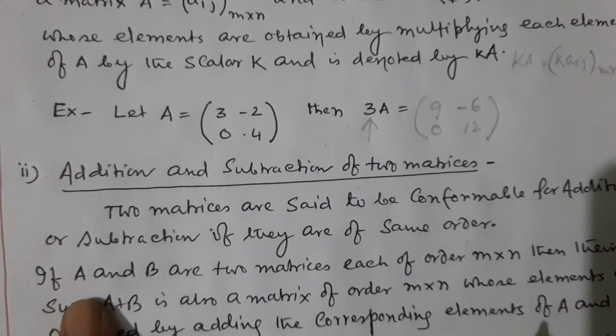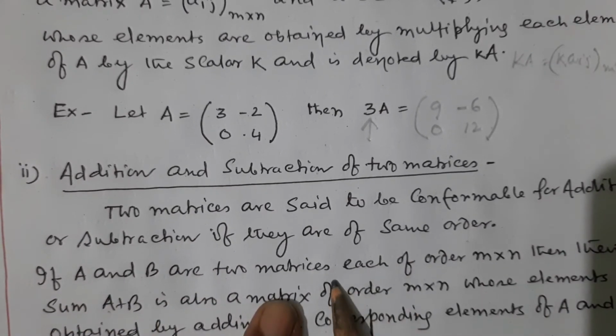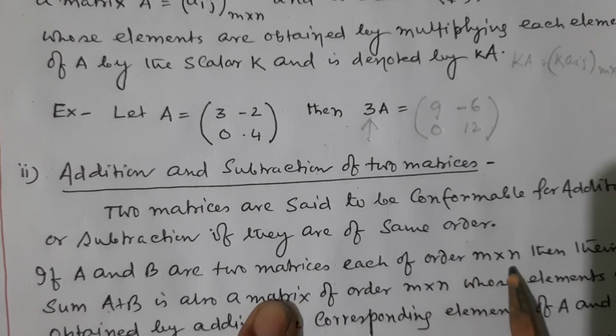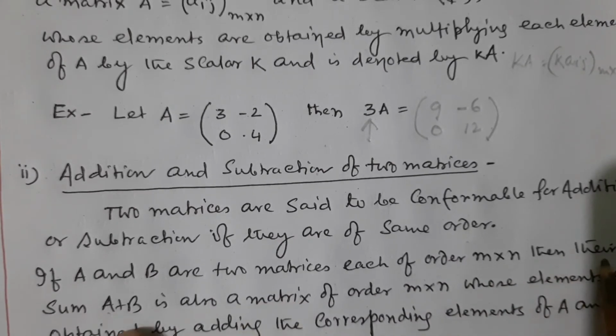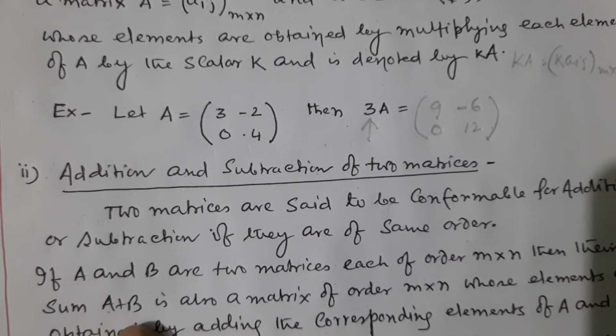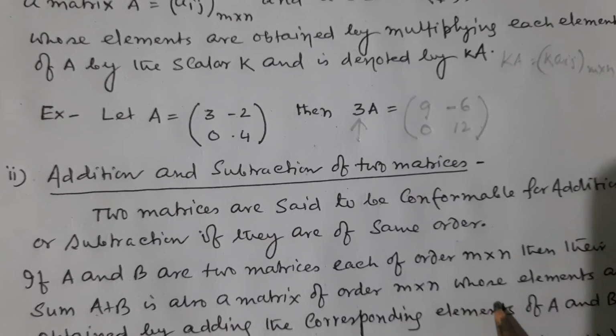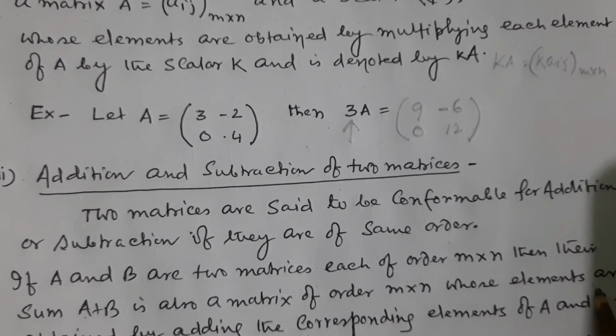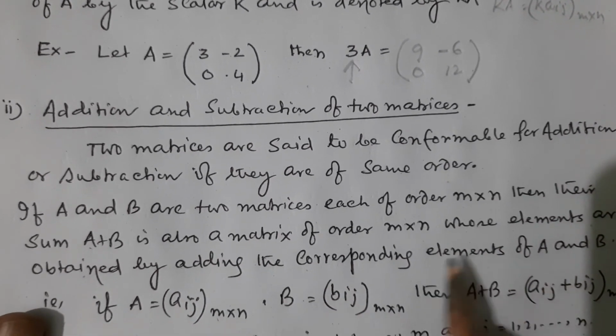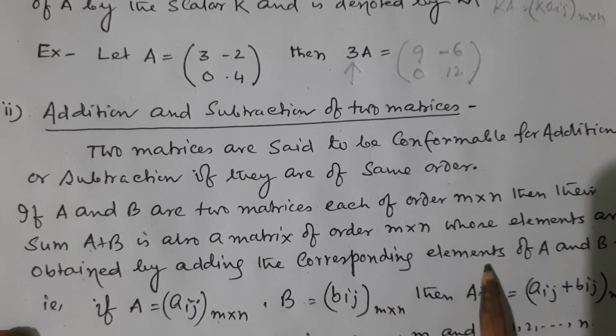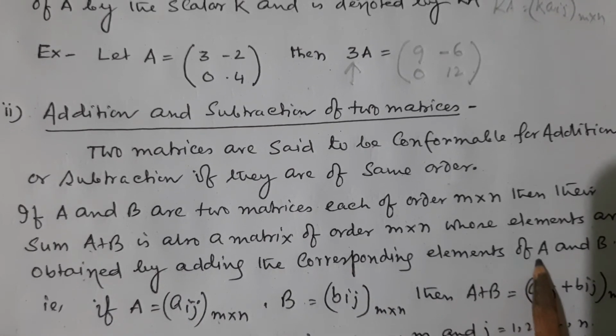If A and B are two matrices each of order m cross n, then their sum A plus B is also a matrix of order m cross n whose elements are obtained by adding the corresponding elements of A and B.